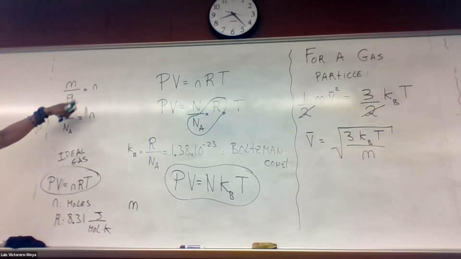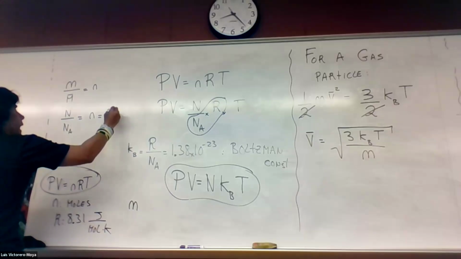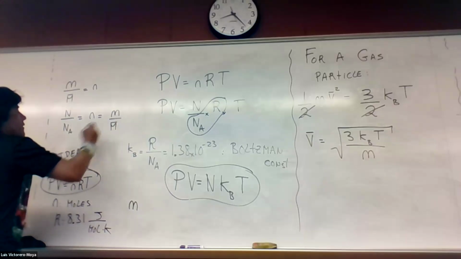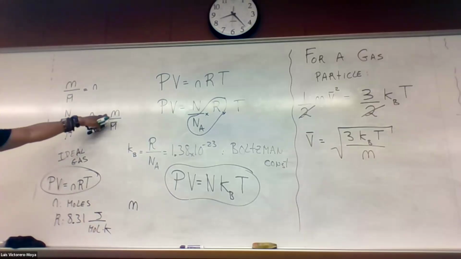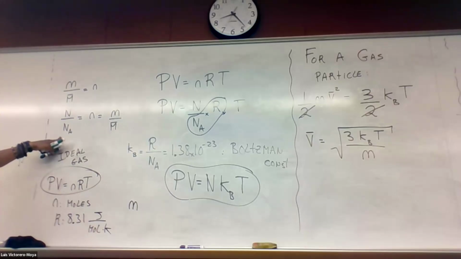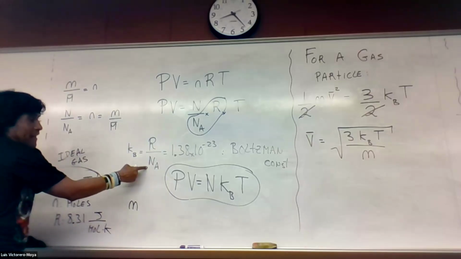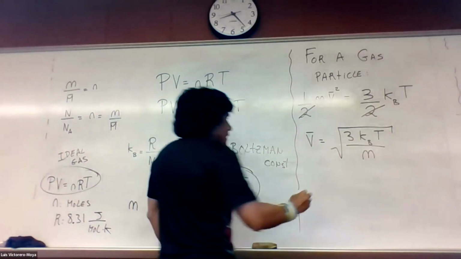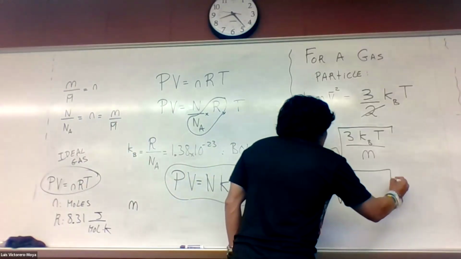So if I substitute, this is m over molar mass. So my m is n molar mass over Avogadro's number. And by using my kB, which is R over NA, I can find my root mean square velocity just like this.